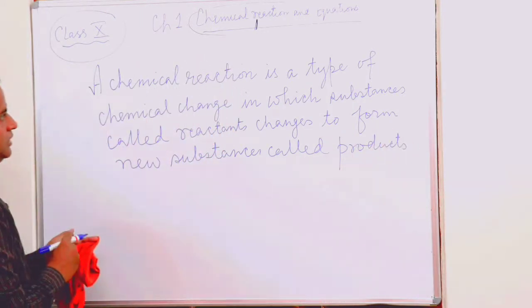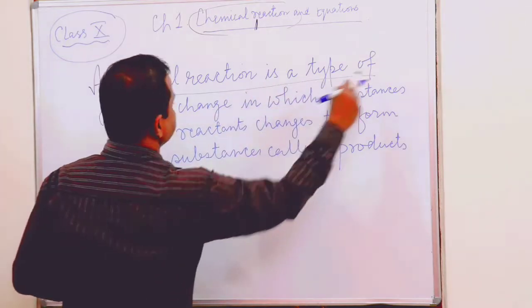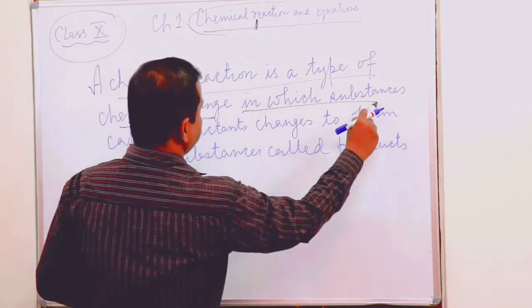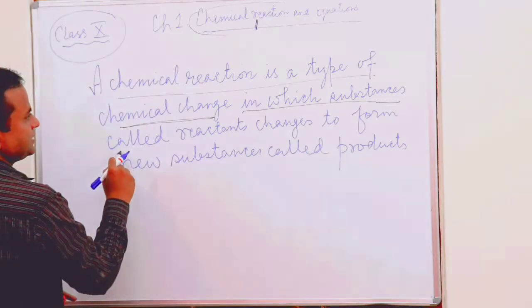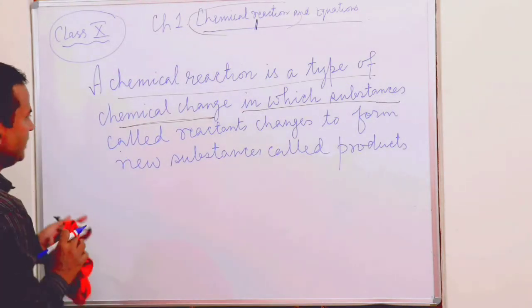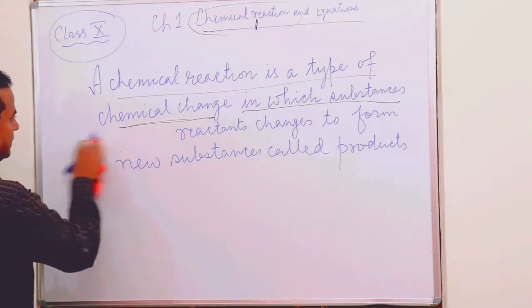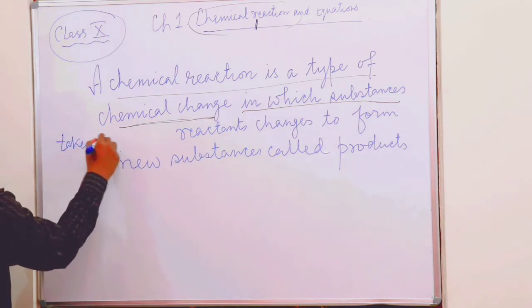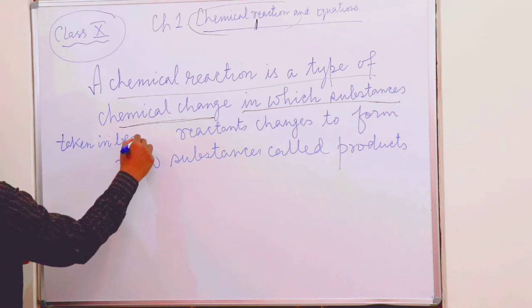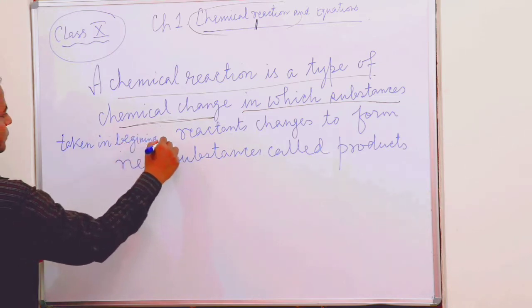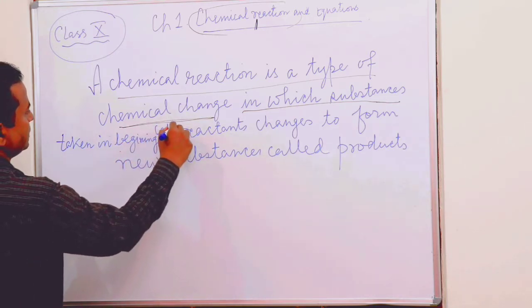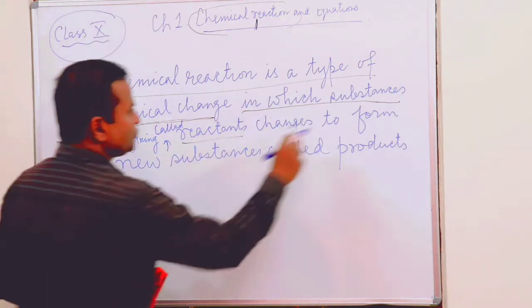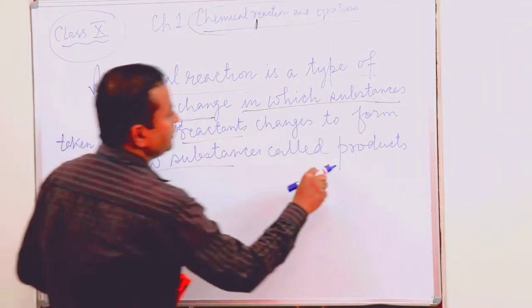So what is a chemical reaction? A chemical reaction is a type of chemical change in which substances taken in the beginning, I have missed this word, taken in the beginning. We have to start with substances called reactants, the substances that we will take, and they change to form new substances called products.